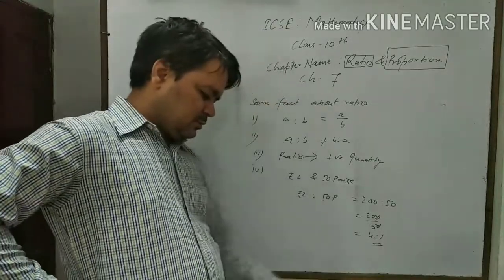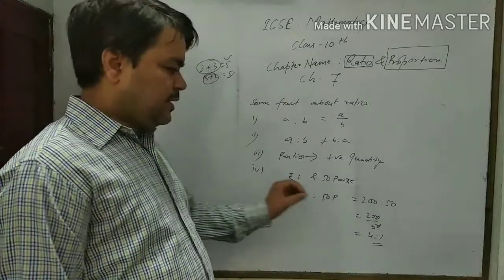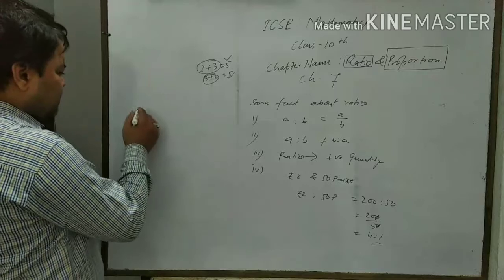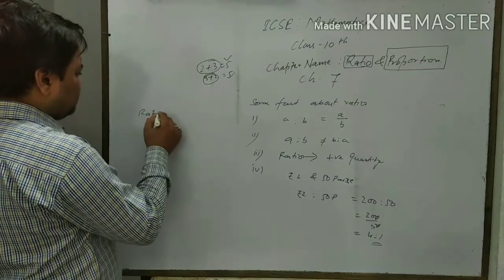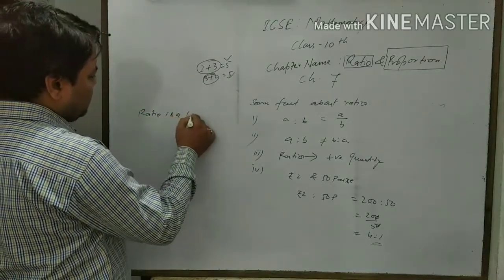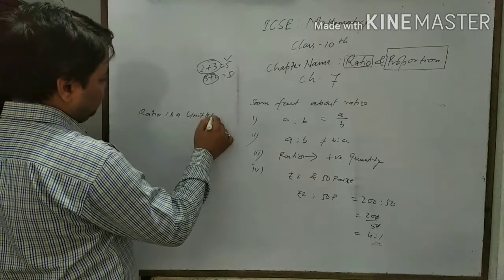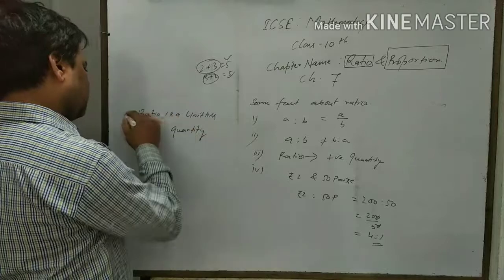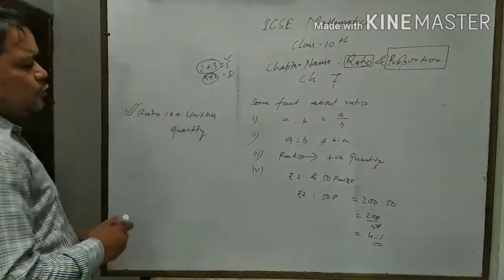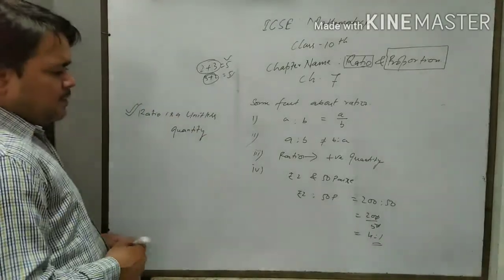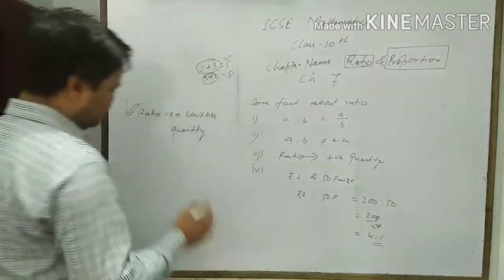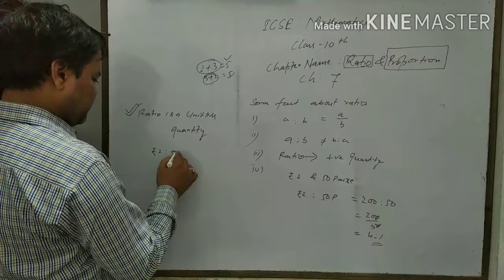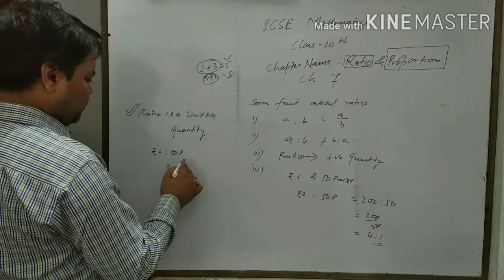One more thing, ratio is a number. Ratio is a unitless quantity, because here rupees 2 is to 50 paise.